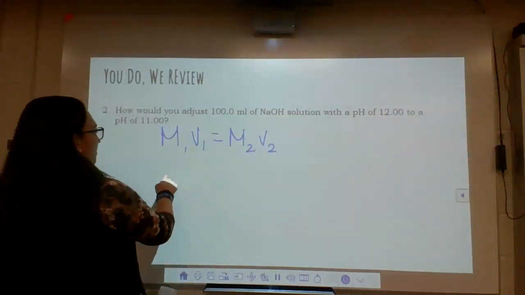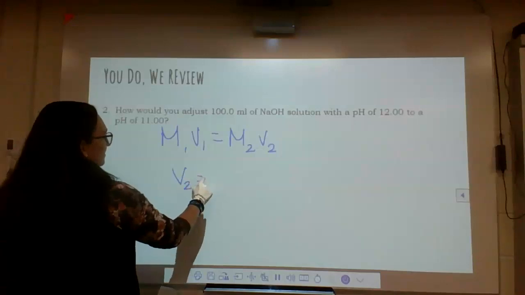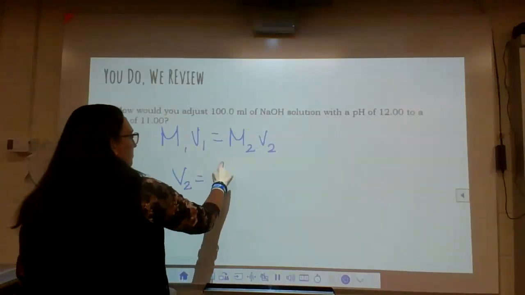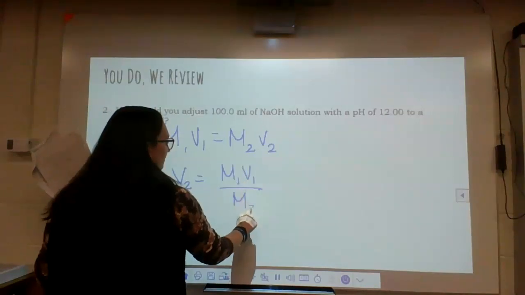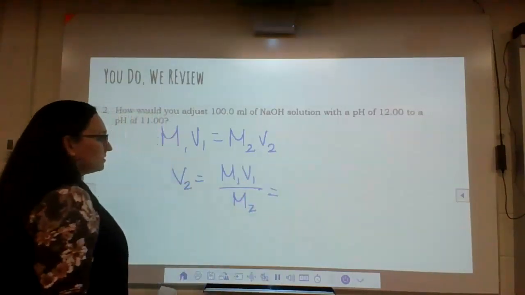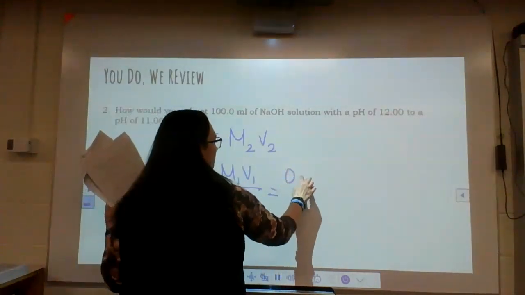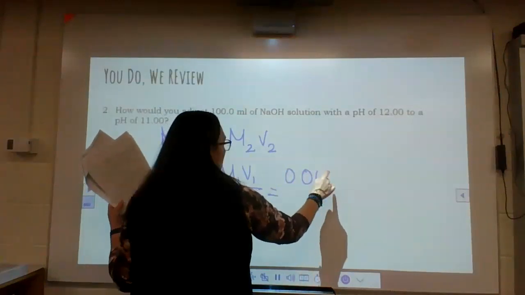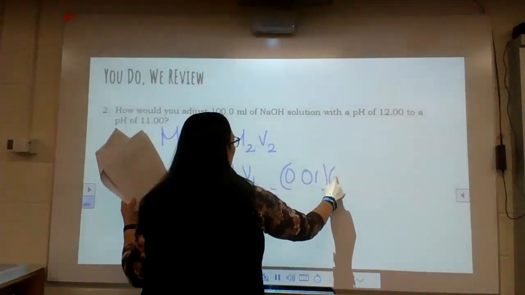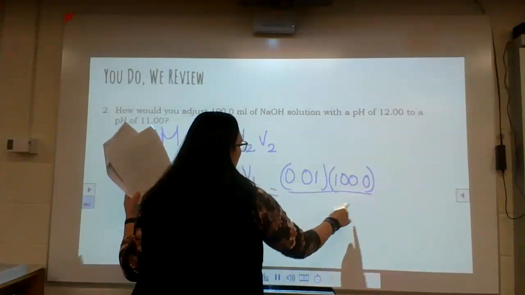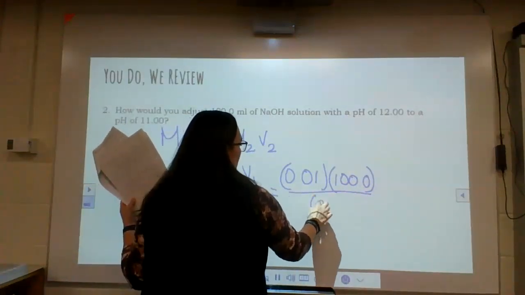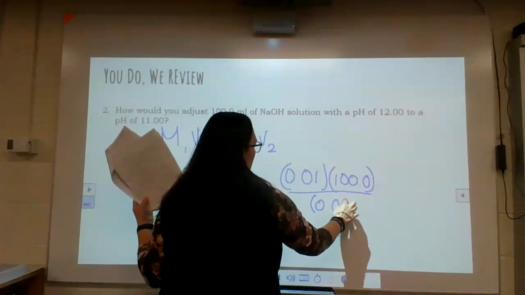So V2 is going to be equal to M1V1 over M2, which is 0.01 times 100 milliliters divided by the new molarity, 0.001.